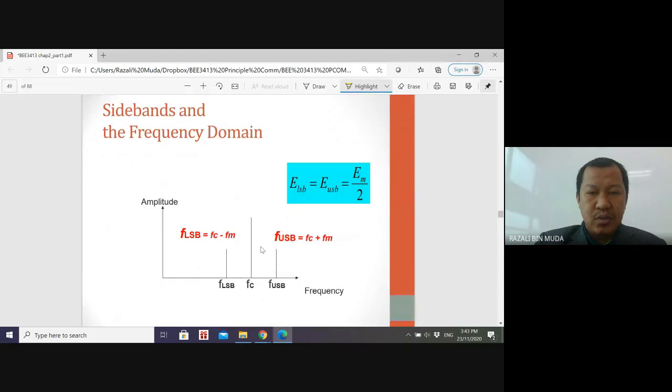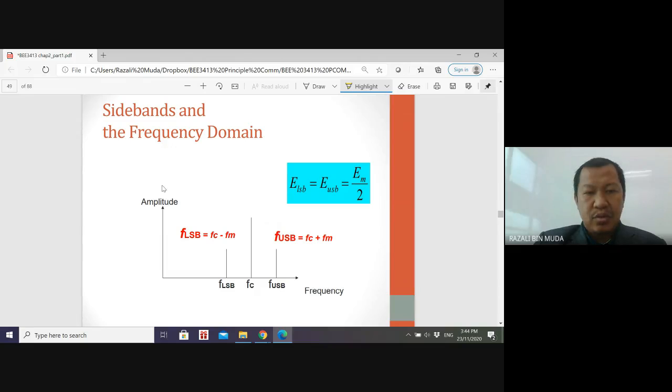In this class we will consider only the simple case of two sidebands, lower sideband and upper sideband.